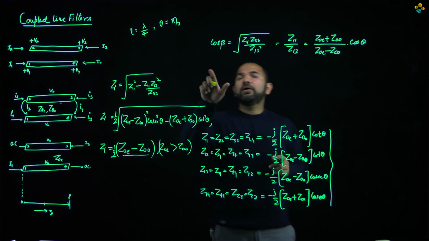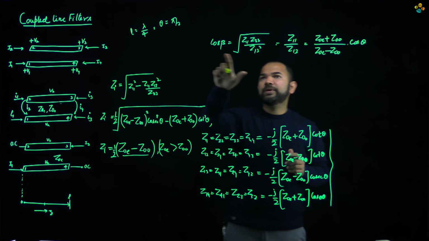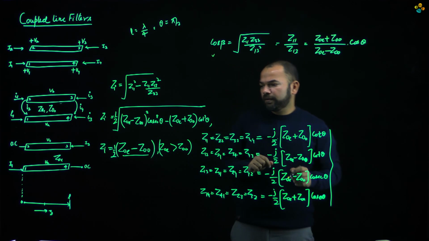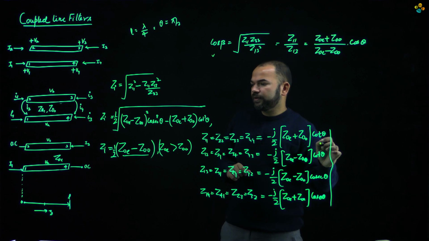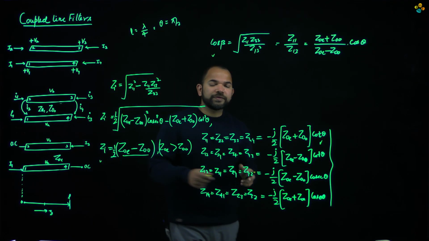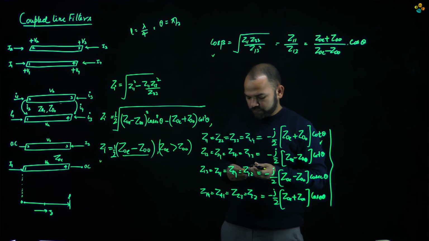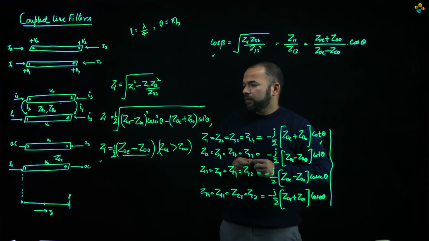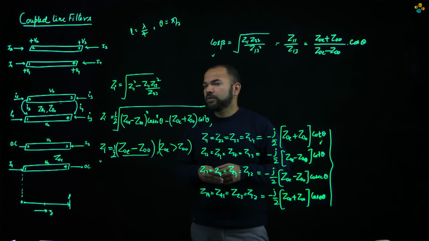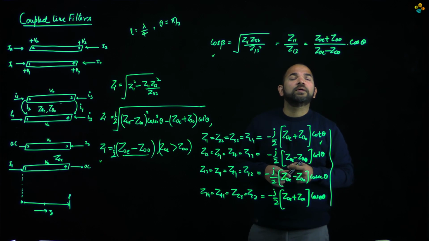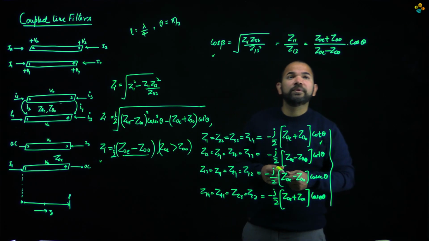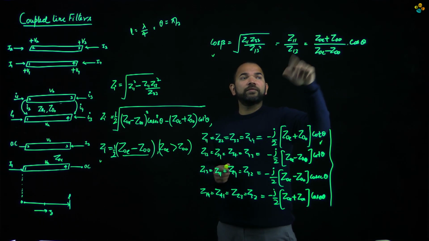These are the basic equations to design. Now we have the propagation constant, all the impedance parameters, and the image impedance, so we can design such filters using the image impedance method. These are the basic design equations that we're going to use in the next design example, where we will design a filter with these expressions.